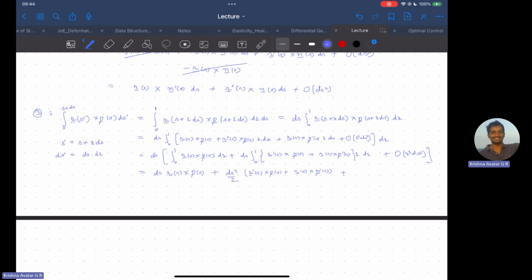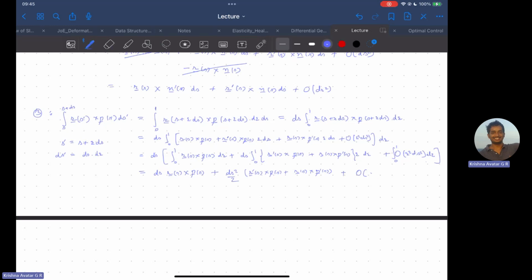Right? Then we have order of epsilon squared and ds cubed. This is within some integration. So this will be the integral from 0 to 1 of d epsilon ds d epsilon, so it will be of order epsilon squared.